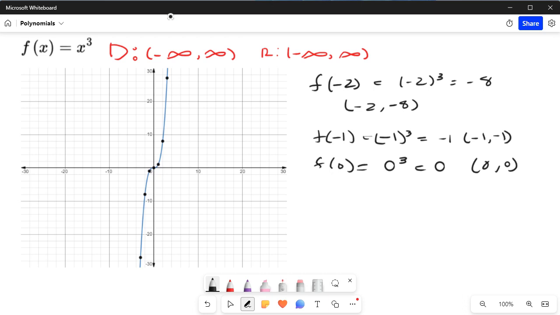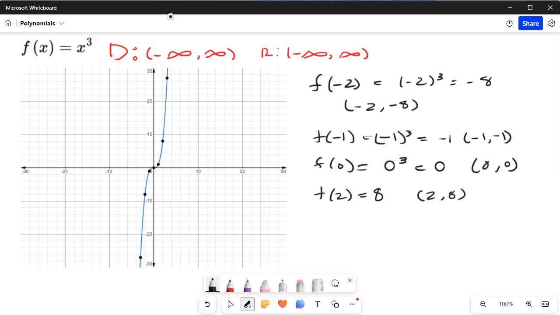We could plot other points such as 1, 2, 3, and so on. But notice that the points are just getting reflected over the origin, flipping the points. So f of 2 would be -8 reflected, which is +8, giving the ordered pair (2, 8).